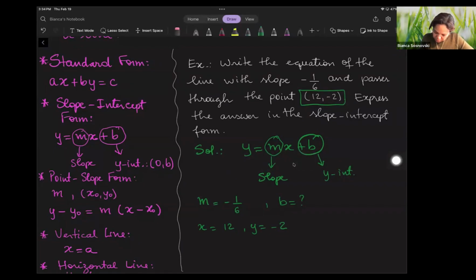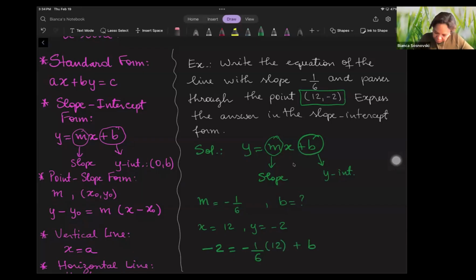So when I write this, I have -2 equals m, which is -1/6, times the value of x, which is 12, and then plus b. We're going to find out that. So now I have to calculate this.